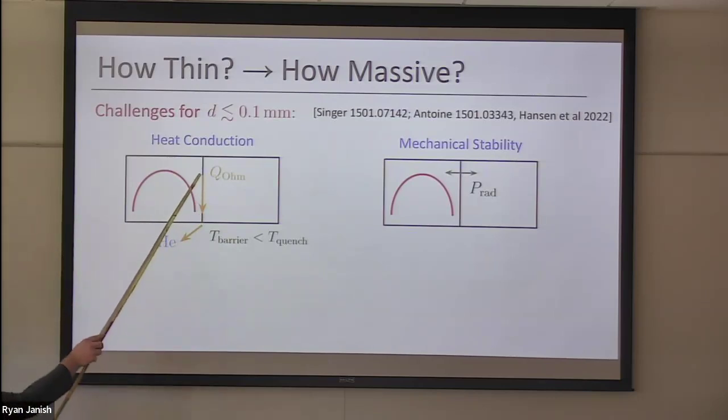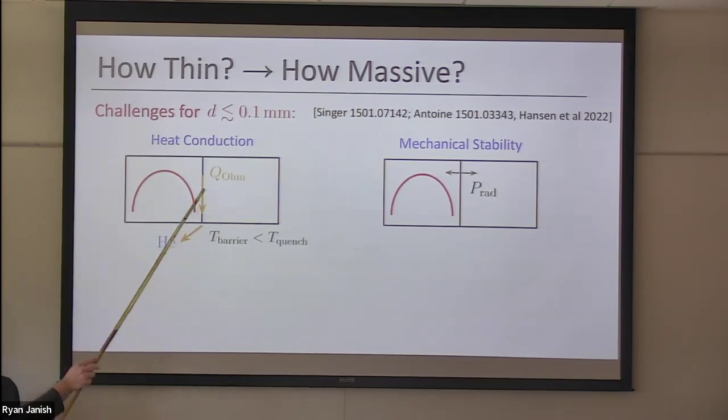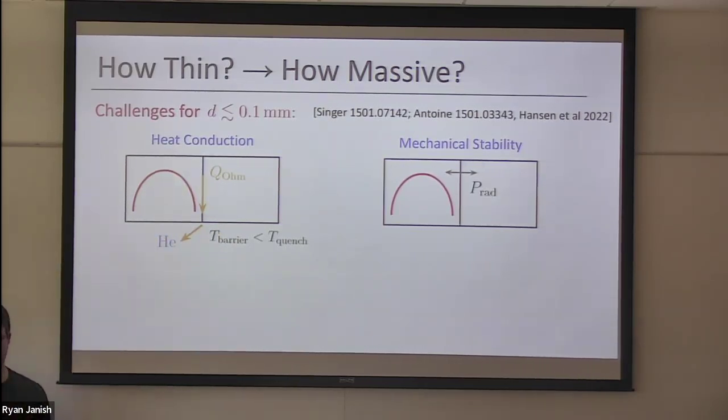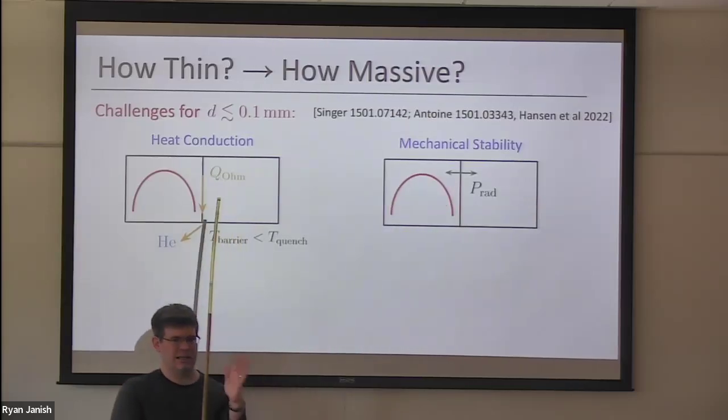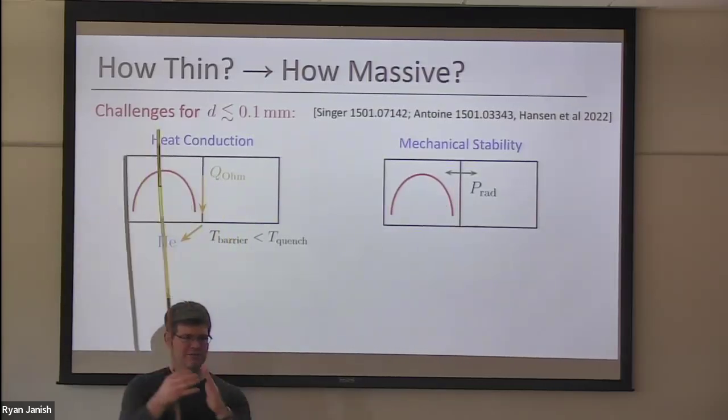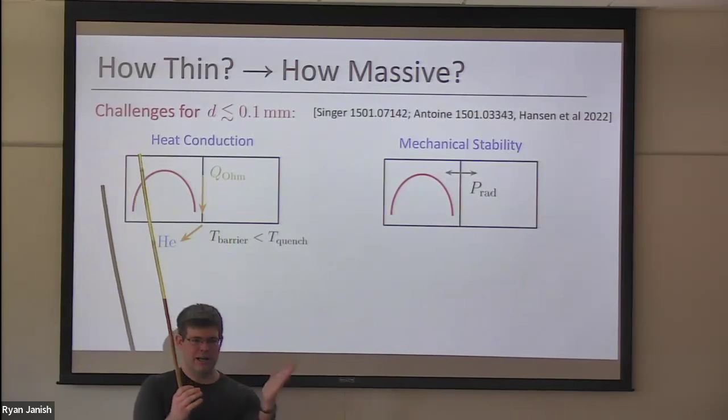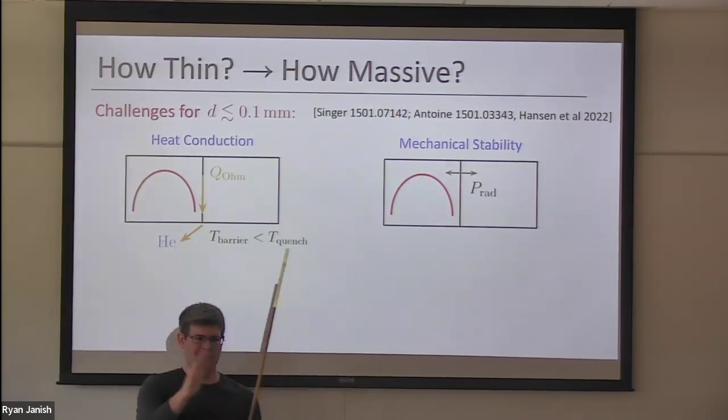And since that heat has to flow through a thin barrier, the temperature in here is going to be hotter than the temperature here. And we can't let that get too hot to spoil superconductivity. That will limit things. You could also be concerned that it's a flimsy little thing, and there's a lot of electromagnetic power there. Will the radiation pressure start flapping it around and break it?